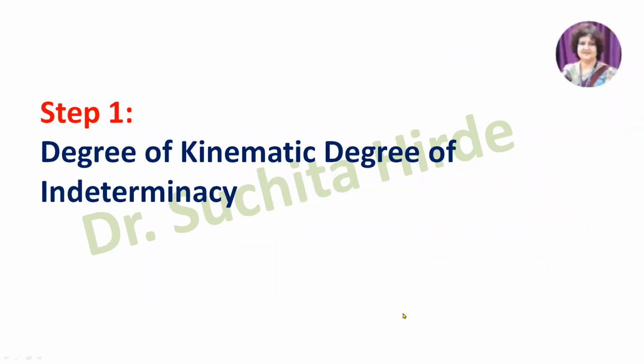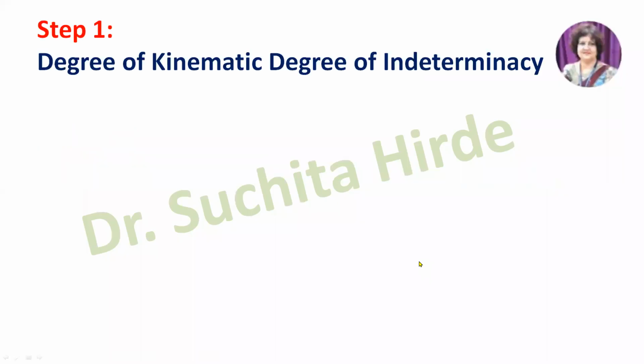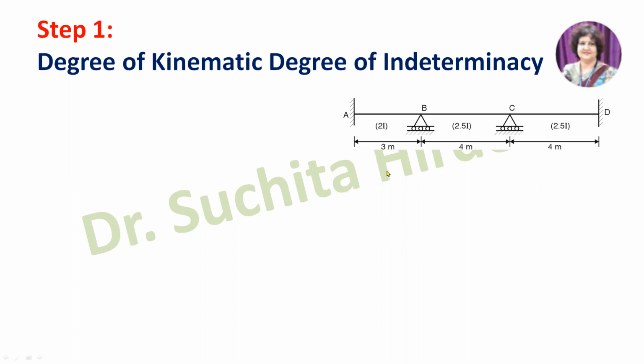Step number 1 is to calculate the degree of kinematic indeterminacy. We calculate the degree of kinematic indeterminacy to understand how many unknown displacements are there in the structure. To calculate kinematic indeterminacy, we just count how many simple supports are there in the structure.